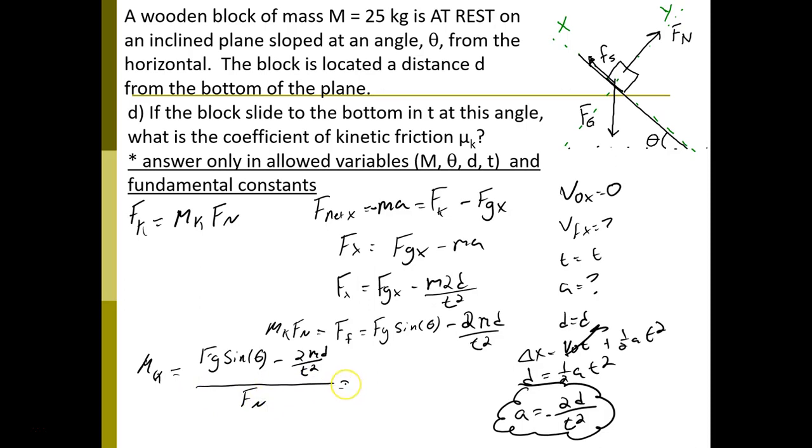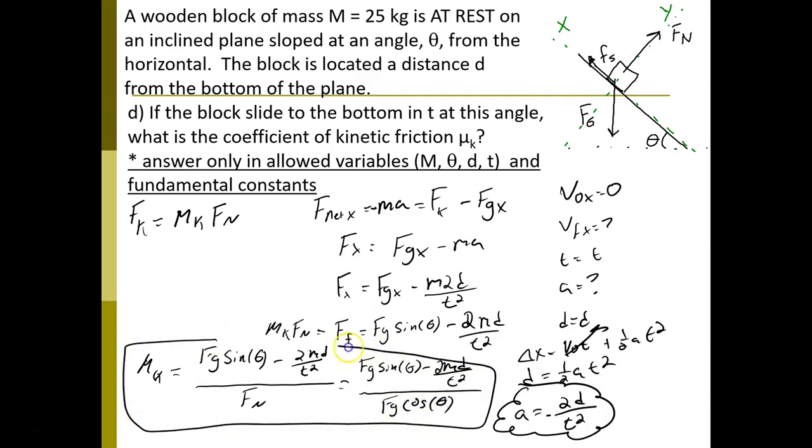And if we remember, our normal force is equal to that y component of gravity. So Fg times the sine of theta minus 2 times the mass times distance over time squared, all divided by Fg times the cosine of theta. And this is going to be what our coefficient of kinetic friction is.